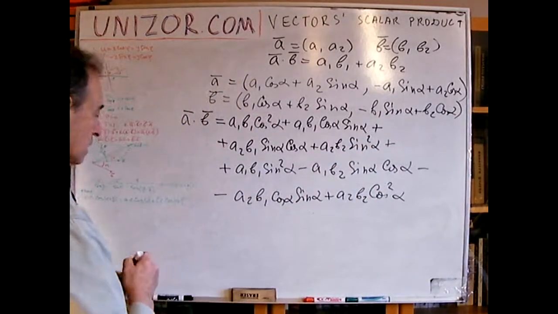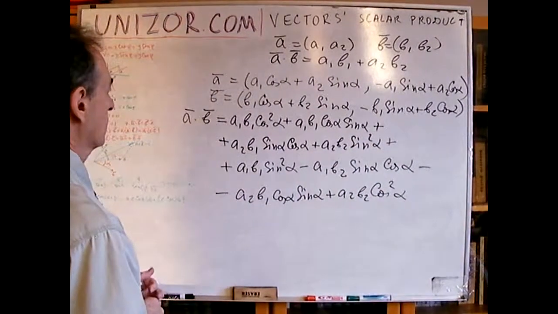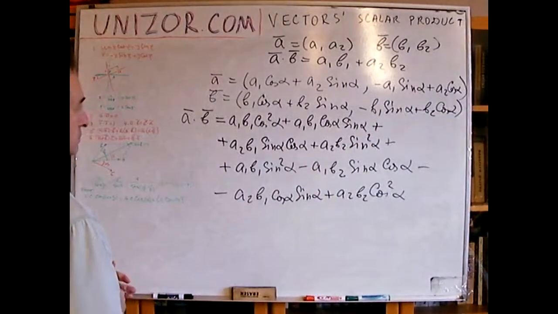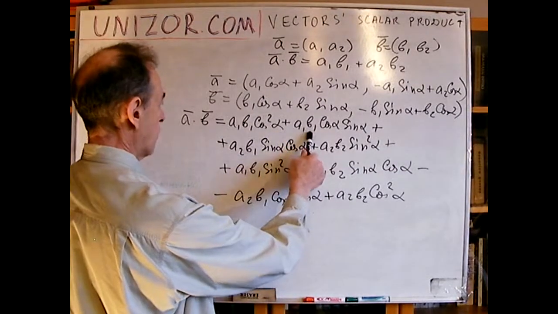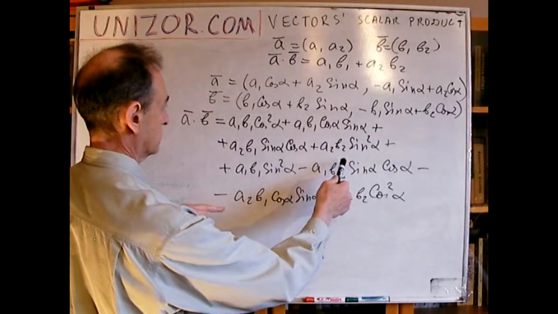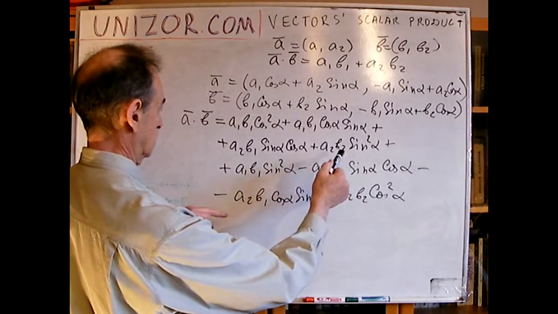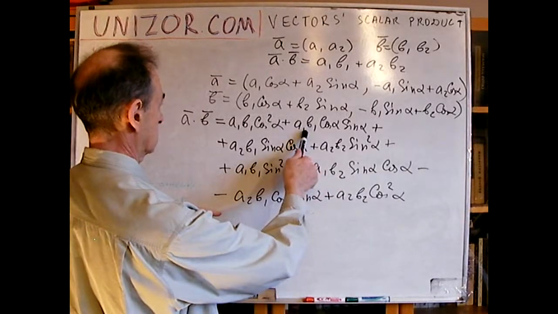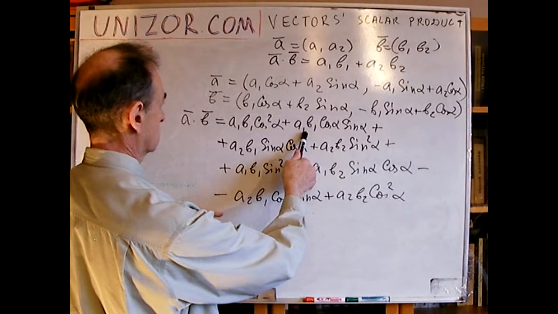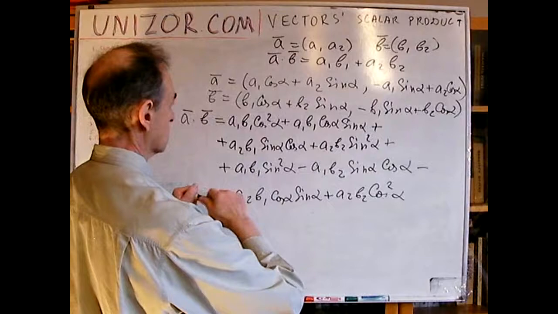So that's my result, right? Now, A1 B1, actually I made a mistake. This is B2.